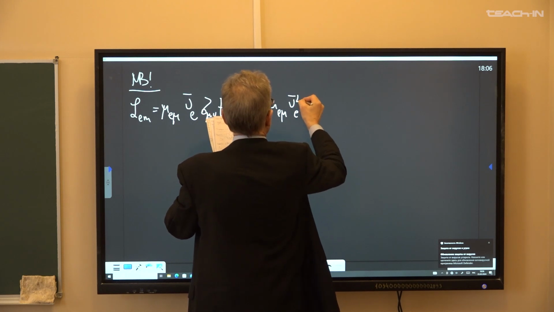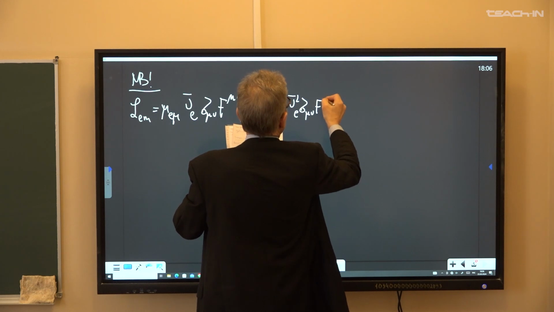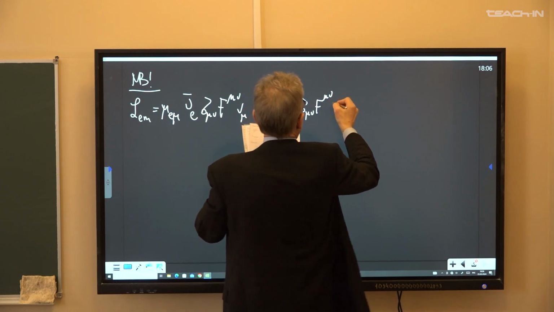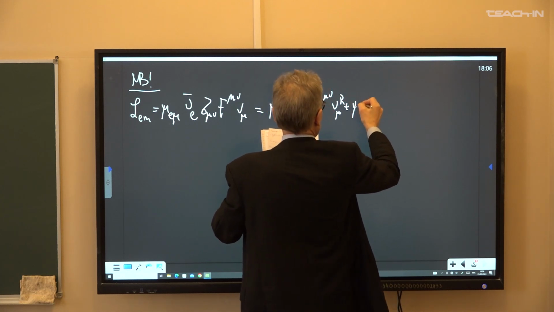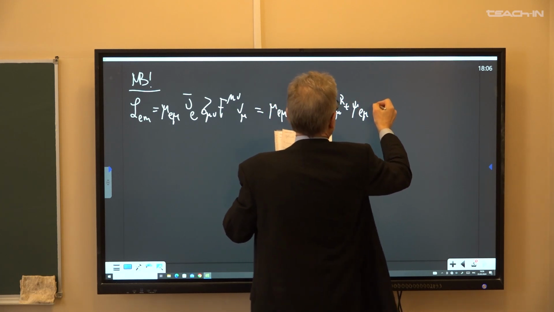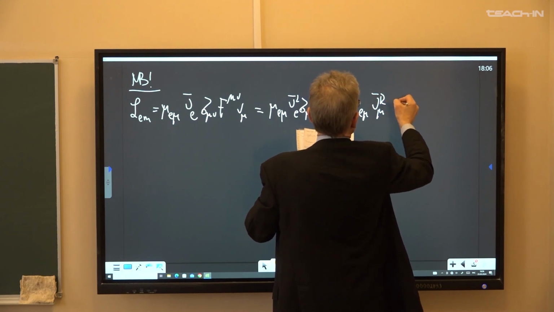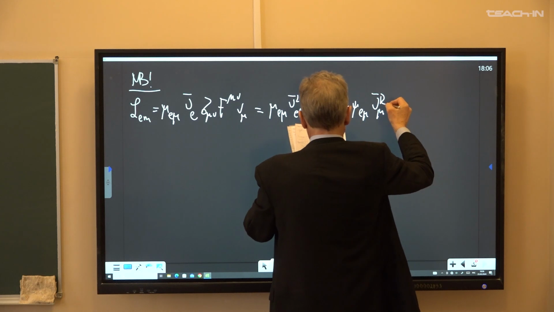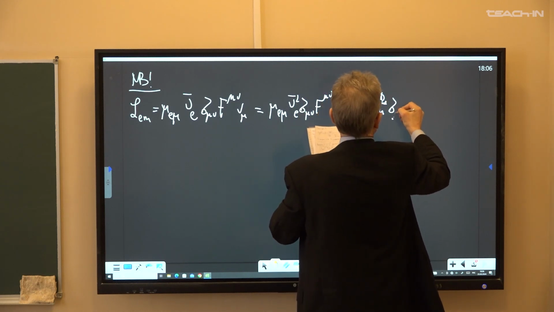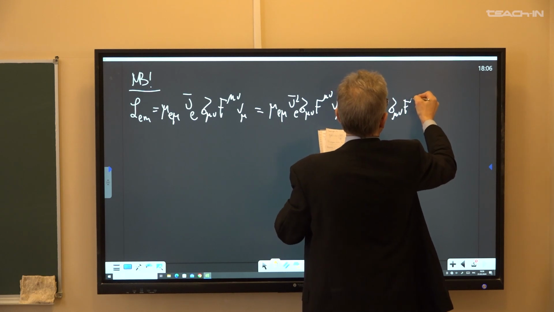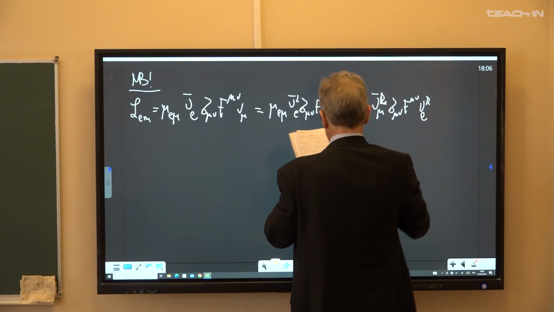Electron left, sigma mu nu, F mu nu, muon right, plus magnetic moment, muon left, sigma mu nu, F mu nu, electron right.